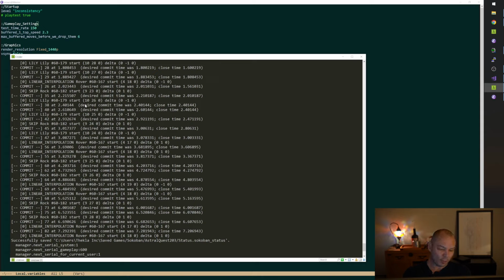Let's analyze it a bit more, but I could record a replay and then just replay it. And then I could step through it in the debugger. I actually like that a lot.